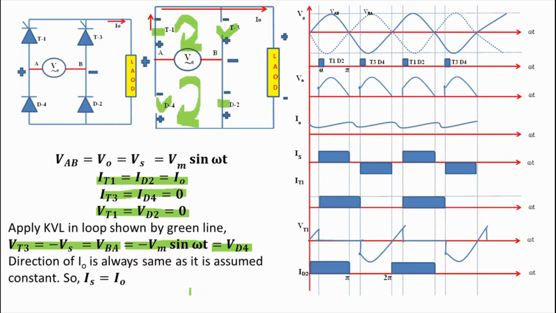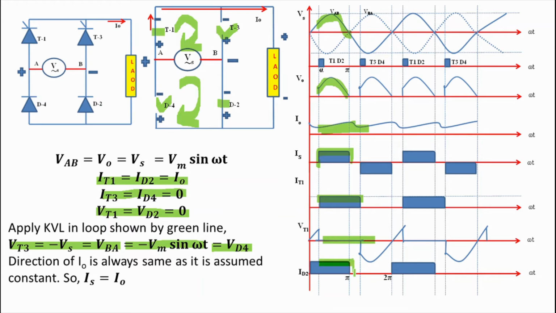So in waveform from alpha to pi, V0 is equals to VAB. So VAB will appear across load. I0 is already assumed constant, so it is represented as constant here. Source current will be equals to I0. We can easily see in circuit. IT1 is equals to I0. VT1 is equals to 0 because it is shorted. And ID2 is also equals to I0.